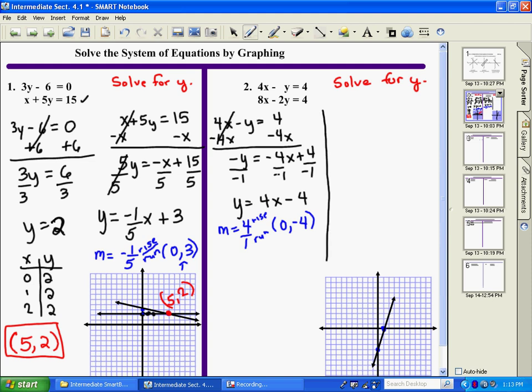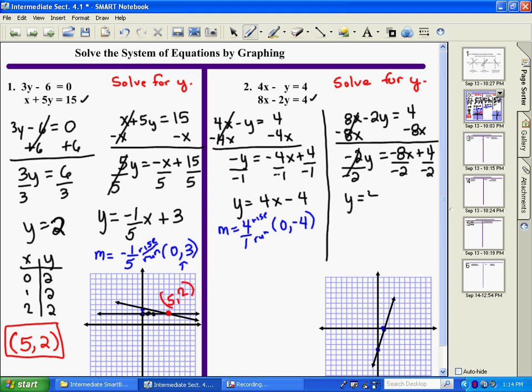Now we're going to take equation 2, which is our second equation, and repeat the process. Solve for y. Move 8x to the other side. Bring down -2y. Divide everything by -2 and then simplify.